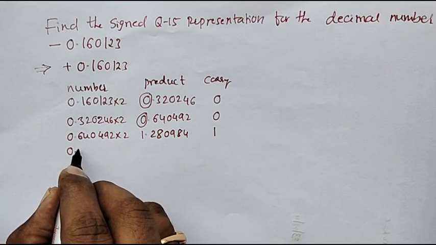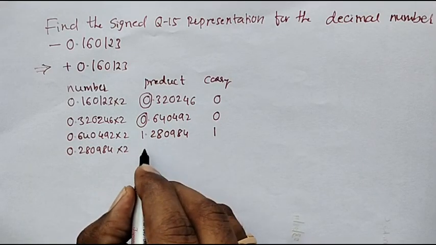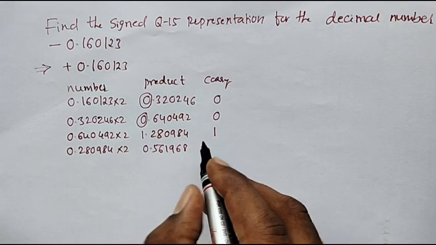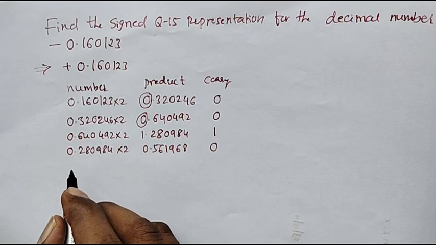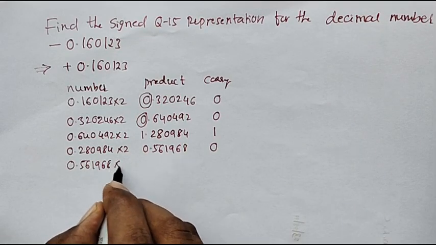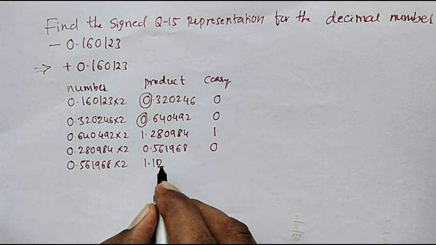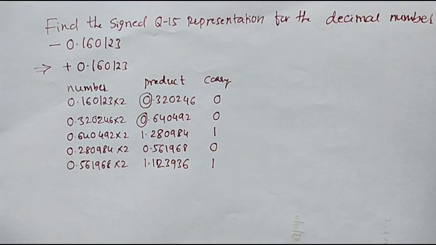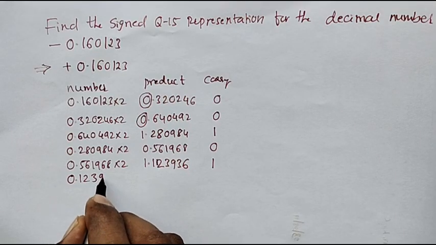The remaining fraction part 0.280984 multiplied by 2 gives 0.561968. It results in carry 0. Then 0.561968 into 2 results in 1.123936. Carry is 1 here, and the remainder is 0.123936.